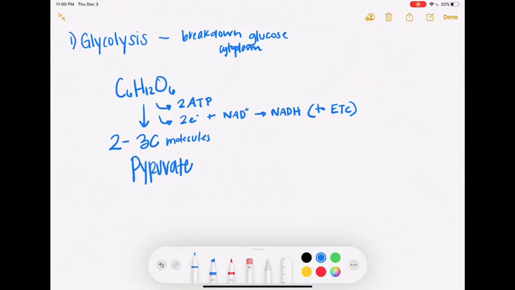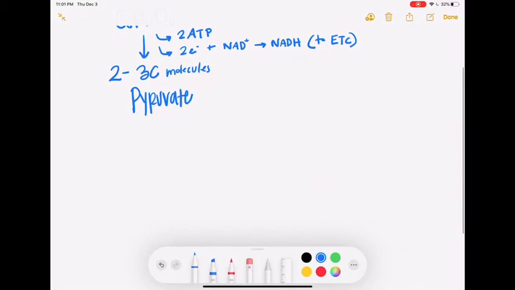Okay? So now we have these 3 carbon molecules of pyruvate, okay? We are only going to really follow one of the pyruvates through, but realize that there's 2 pyruvates that are made, and so both of them are going to have this same fate, okay?